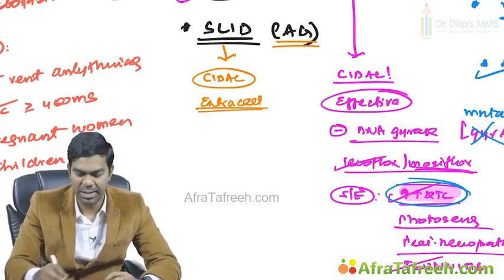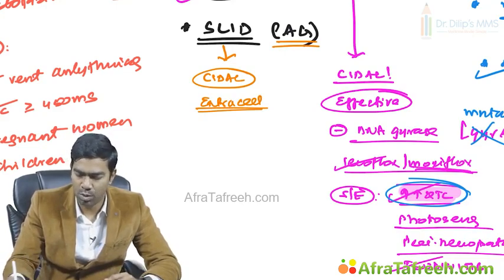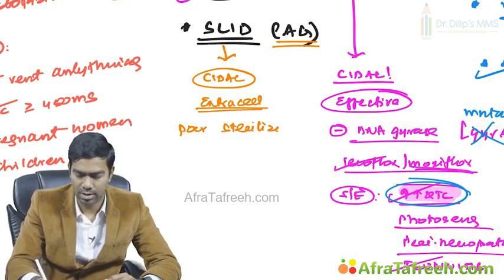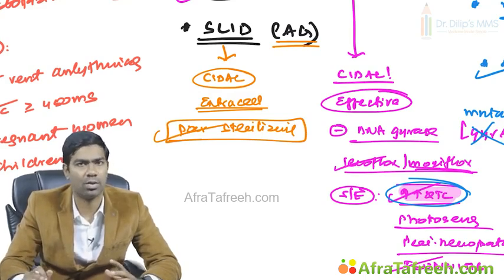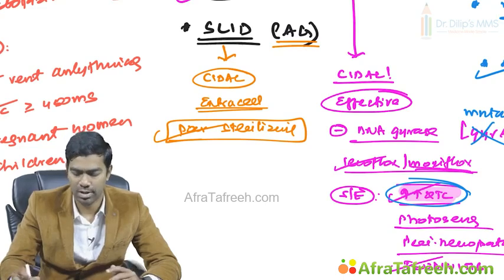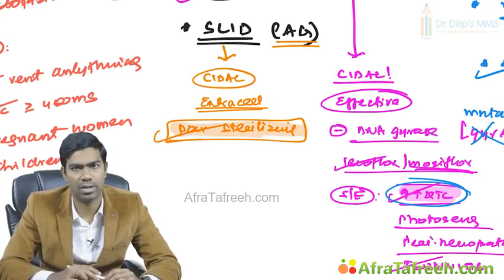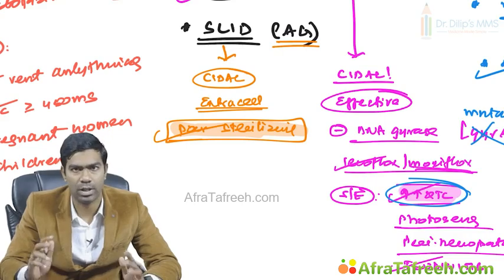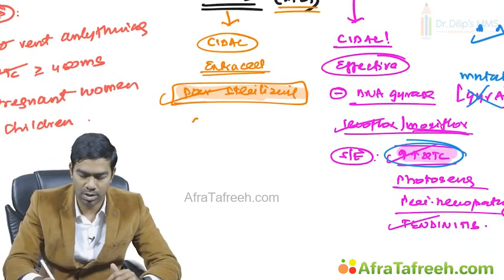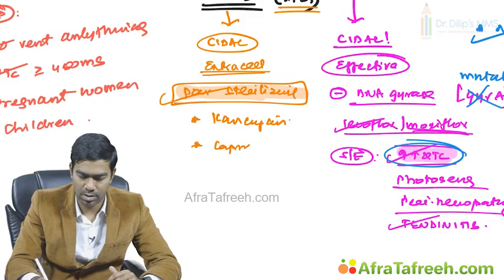But more importantly, they have very poor sterilizing action, like your streptomycin, because aminoglycosides generally do not have a good sterilizing action, which means they are not going to work on the dormant bacilli and caseous necrosis. They are going to work only on the extracellular growing bacteria. That's all. The true drugs that we use, I told you, are kanamycin and capreomycin.